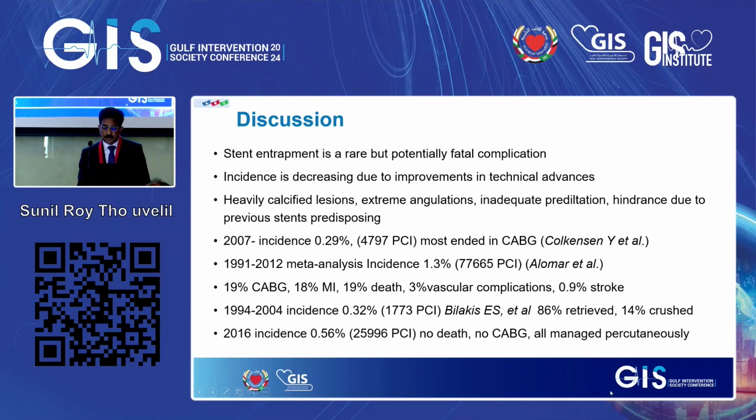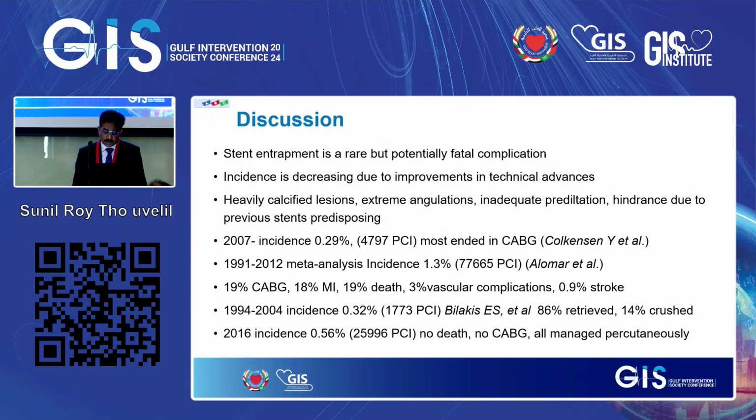In 2007, the incidence was about 0.29% among 4,797, and most of the cases ended in coronary artery bypass surgery. In a 1991 to 2012 meta-analysis, the incidence was 1.3% among 77,665 PCIs, and 19% ended in CABG, 80% had MI, 19% mortality, 3% vascular complication, and 0.9% stroke.